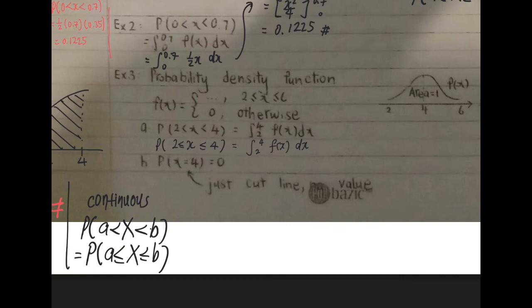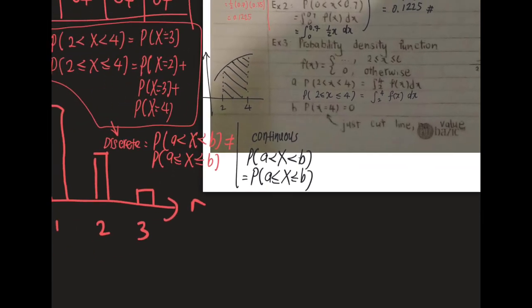Part B. P(X=4) is 0. P(X=4) is the area under the vertical line at 4. A vertical line has no area. That's why it is equal to 0, because there is no area. A line has no area, so no value. Compared to discrete, the probability of X equal to 4, we have a value.